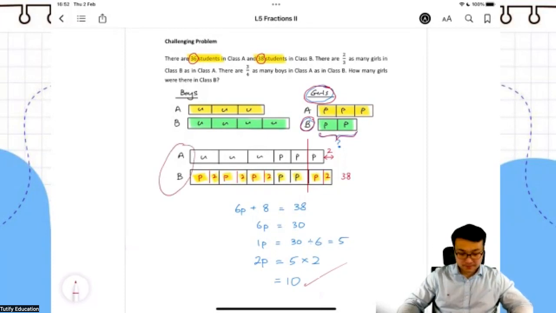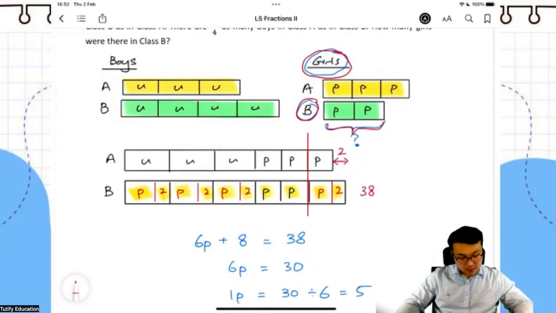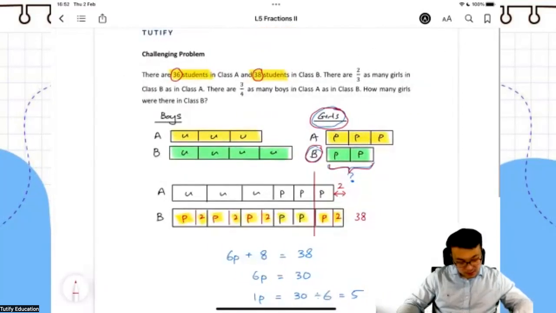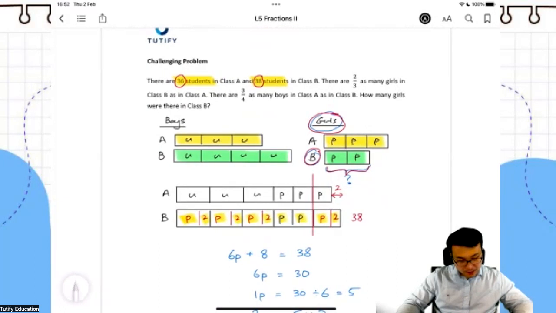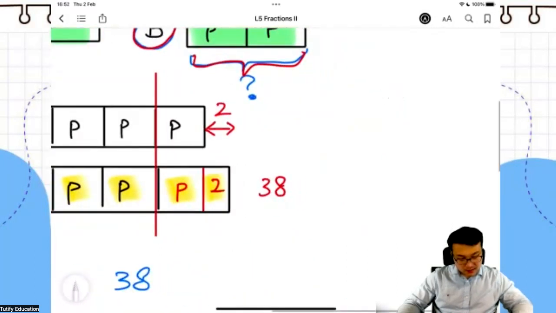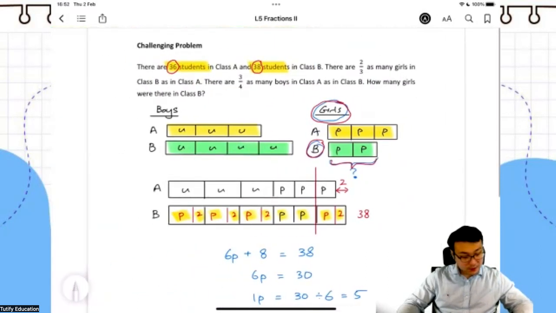No, because if you already know that the top is 10, then they answered the question. You don't need to draw the model on the bottom. The top is 10. Where? Oh, okay, Kate. Do you need to find the part where the difference 2 is at the end? Oh, do I need to?